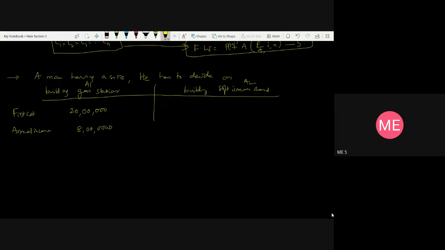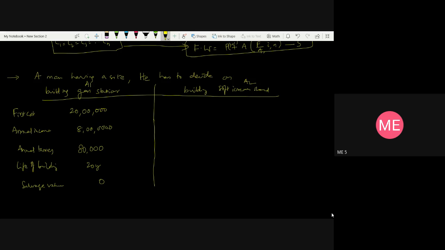And then say you are paying annual taxes, around 80,000, and the service life of the building, say he has given as 20 years. Then the salvage value for this case is 0.